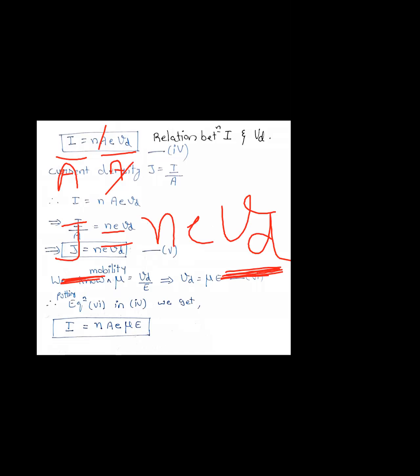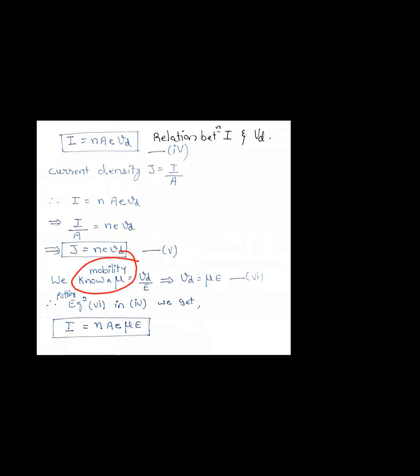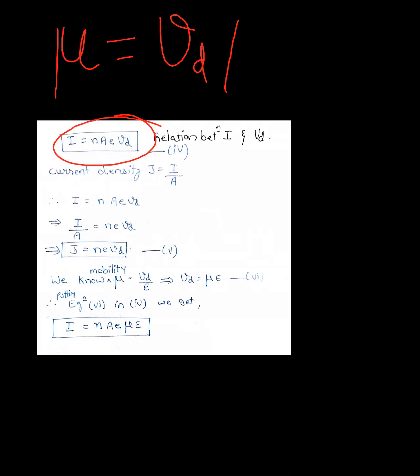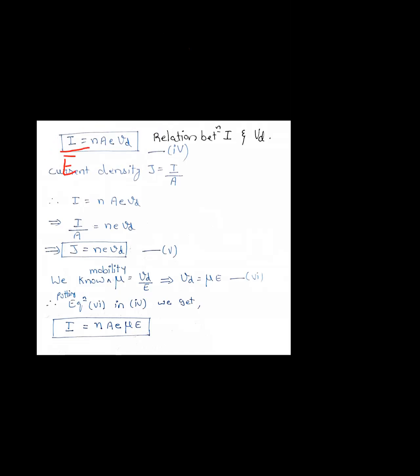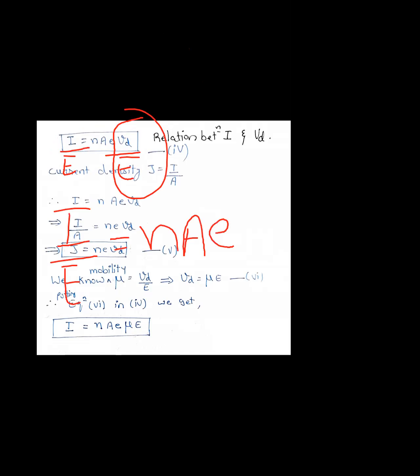Right? Next we have studied mobility also today. So if we want this equation in terms of mobility, we remember mobility is what? Drift velocity upon electric field E. So we will divide on both the sides by E. Dividing on both the sides, this Vd by E is what? Here we will get I by E equals NaEmu. And if we make I subject of formula, this E will go to the other side, right?